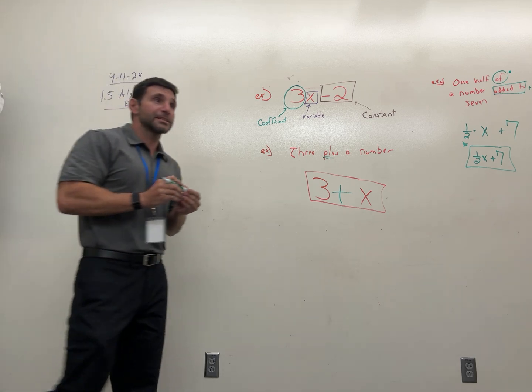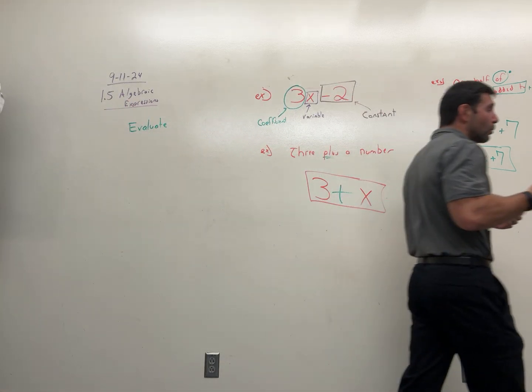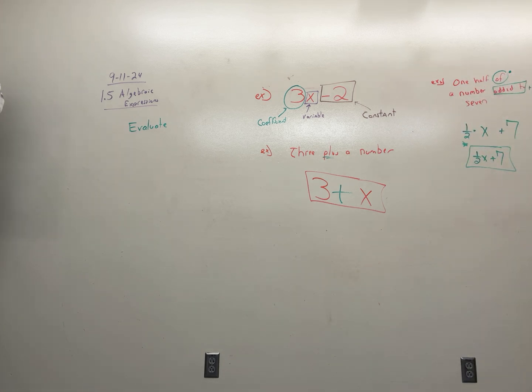There's a couple things that we evaluate. When we evaluate, we do what's called substitute in. Substitute. When I wasn't here, a substitute came in. They replaced me. They took my place, right? That's what substitute means. Take the place of.